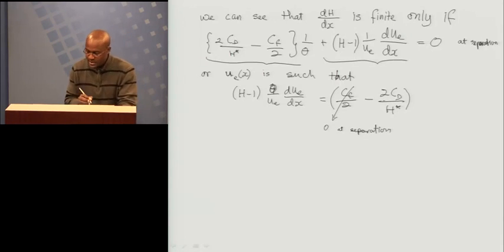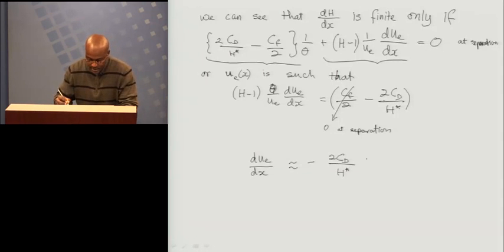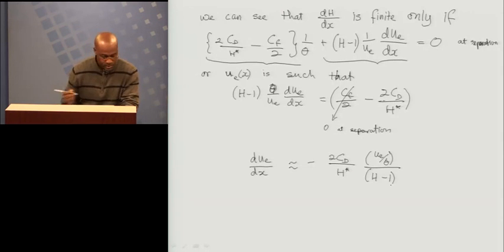If that goes to 0, then dUE/dx has to be approximately equal to, and I'll throw everything else on the other side, minus 2CD over H star, times UE over theta, divided by H minus 1.